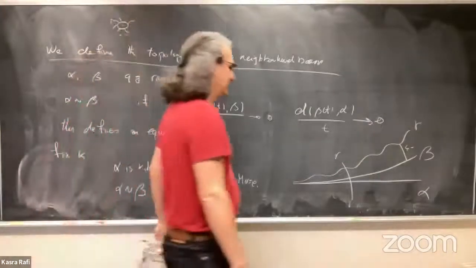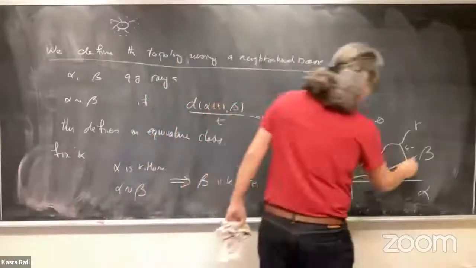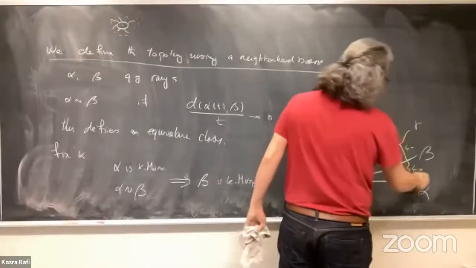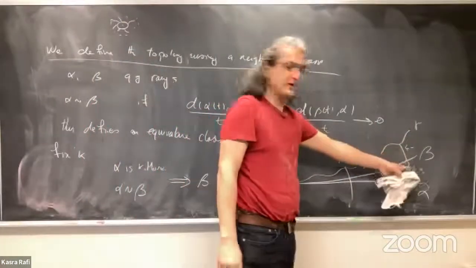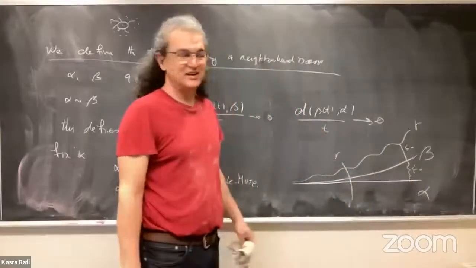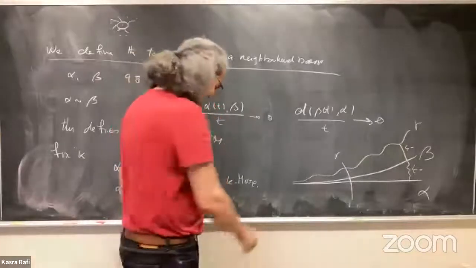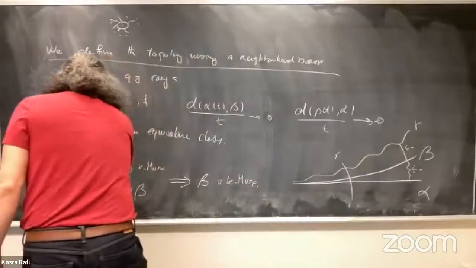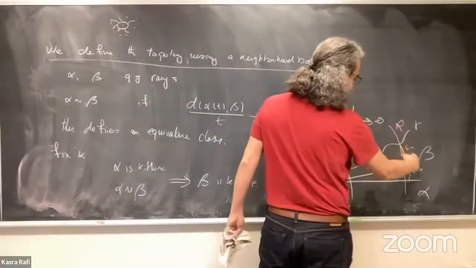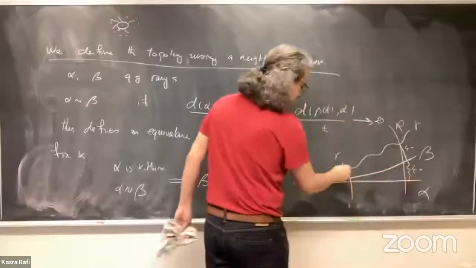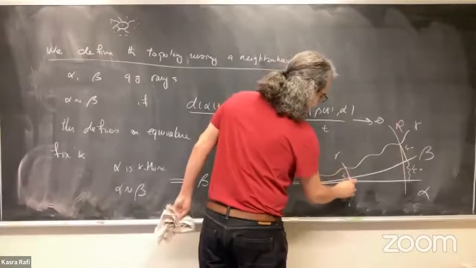Well, beta and alpha have their own sublinear function. So beta is some kappa double prime close to alpha. Therefore, gamma is kappa plus kappa prime close to alpha. If kappa and kappa prime and kappa double prime are sublinear, their sum is also sublinear. So I can use that sublinear function to find an R such that if you're kappa prime plus kappa double prime close to R, then you are kappa close to alpha.